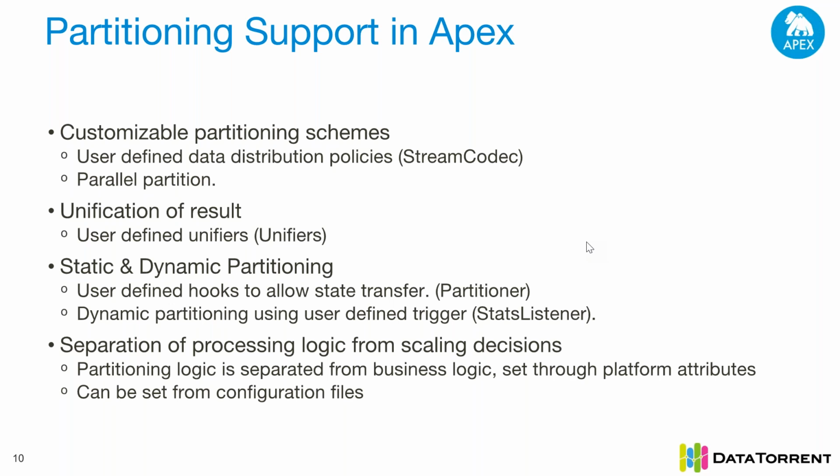You need to implement the partitioner, which is responsible for defining how many partitions you want, as well as how you do a state transfer between multiple partitions. State transfer is important in the case of stateful operators. You can consider dedupe as an example of a stateful operator, where you are deduplicating the incoming data tuples.